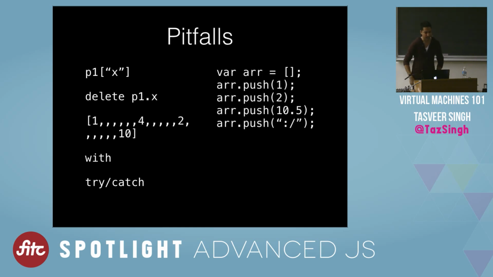Something like this, where you're creating an array and you're pushing a bunch of objects to an array. So in this case, we're pushing 2 integers and a float and then a string. V8 and a lot of the other virtual machines represent their call stack as 32-bit pointers, everything's 32-bit.